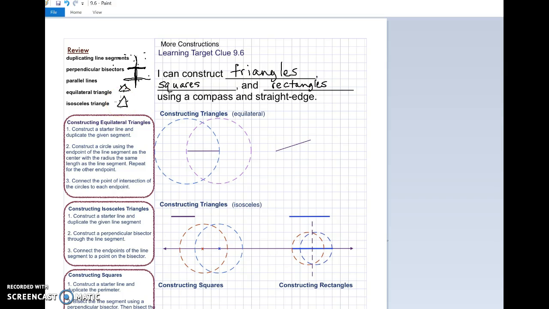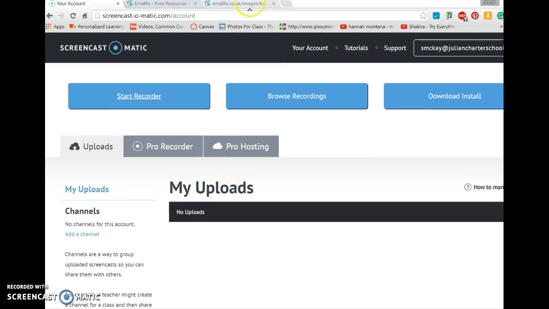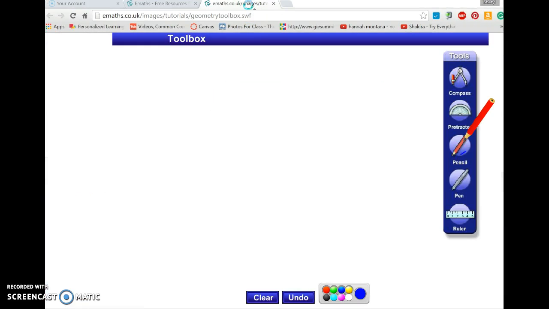Let's do some constructing of triangles. So we're going to start by constructing equilateral triangles. And you can see here that I have a line segment, and it's this one right here. And we're going to create an equilateral triangle with the sides of this length. So I'm going to show you first using my compass. I want to duplicate that line segment.